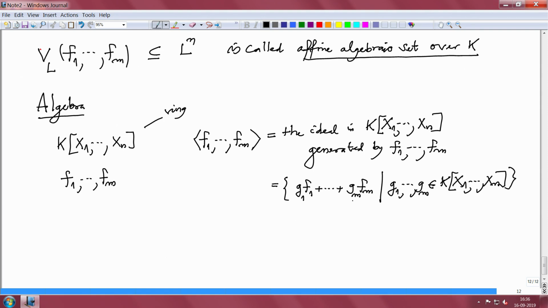And this collection forms an ideal in this ring K[x1 to xn].